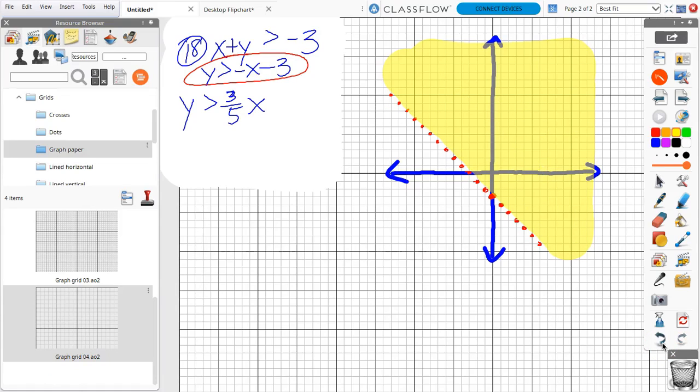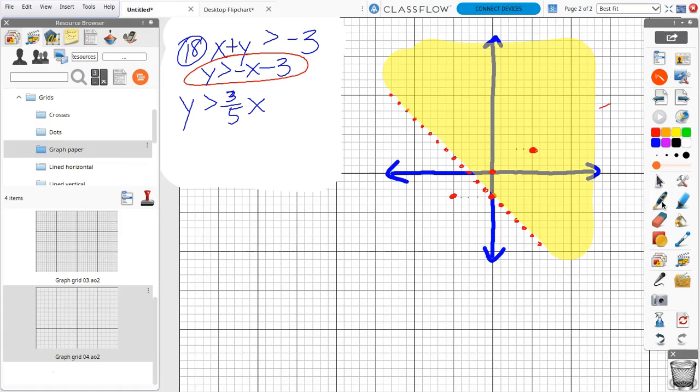Okay? Everybody good? For the second one, what's my y-intercept? 0. And my slope is 3. Up 1, 2, 3, run 1, 2, 3, 4, and 5. Or I could go down 3 and left 5.